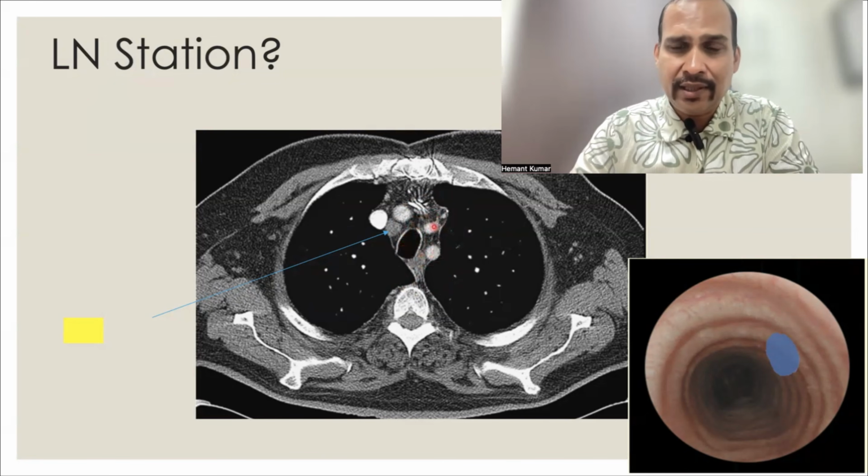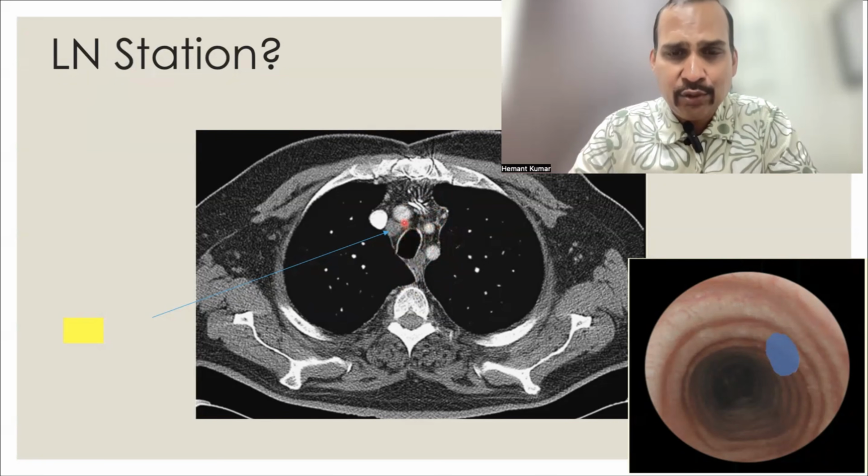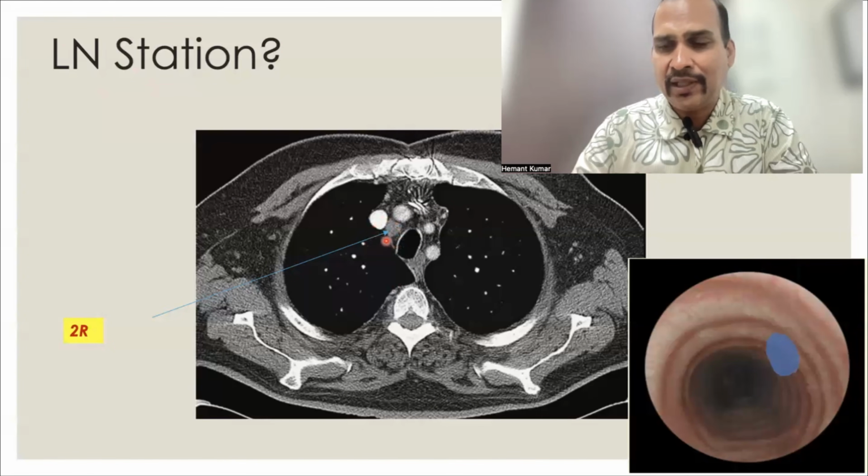This is upper paratracheal. So the lymph node on the right side of the upper trachea is 2R. Okay, right side upper paratracheal lymph node. So this is the lymph node where we can take our TBNA by bronchoscope or EBUS.